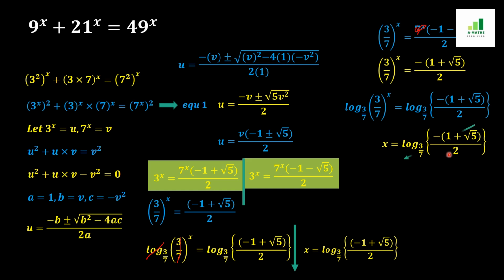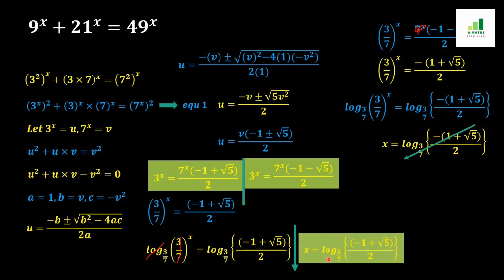We should not find a value for this negative log value, because you cannot find it easily. So we should consider that log base 3 over 7 of it will not exist. So here we have only one solution for this expression, which is x equal to log base 3 over 7 of minus 1 plus under root 5 over 2.